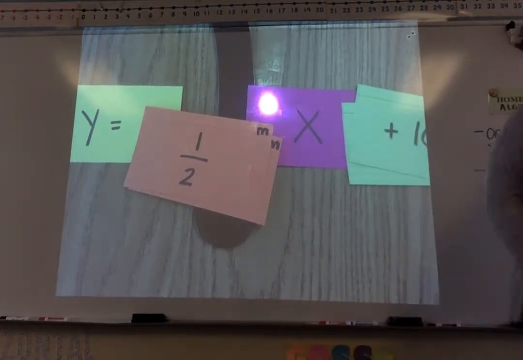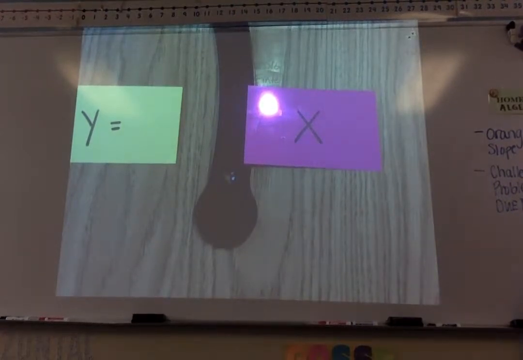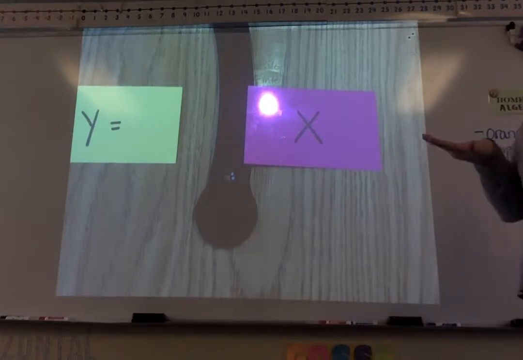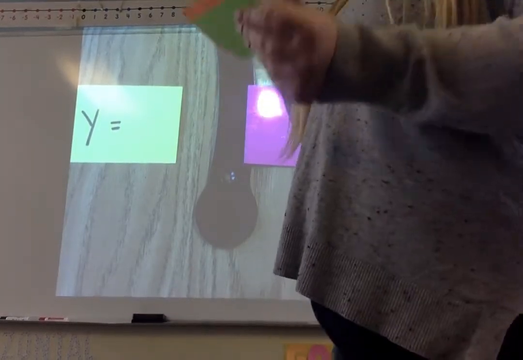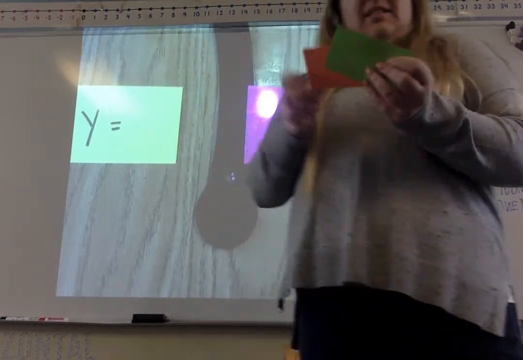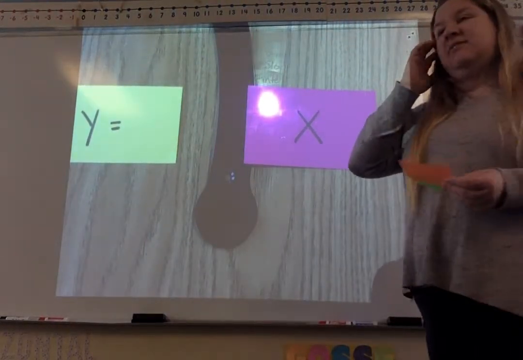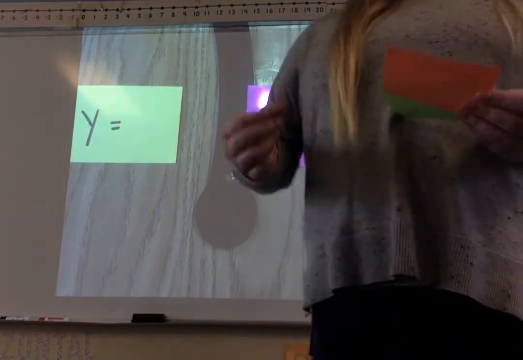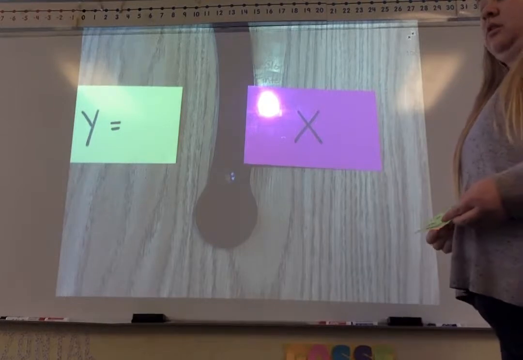Okay? All right. So I'm going to tell you what the slope is and what the y-intercept is, and you're going to move the cards around to create the equation. All right. The first equation should have a slope of -5 with a y-intercept of +10. A slope of -5 and a y-intercept of +10.